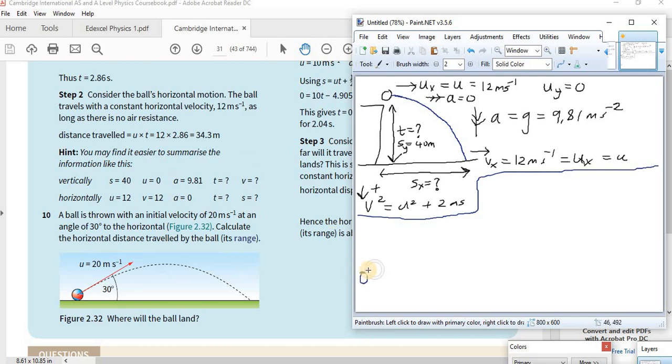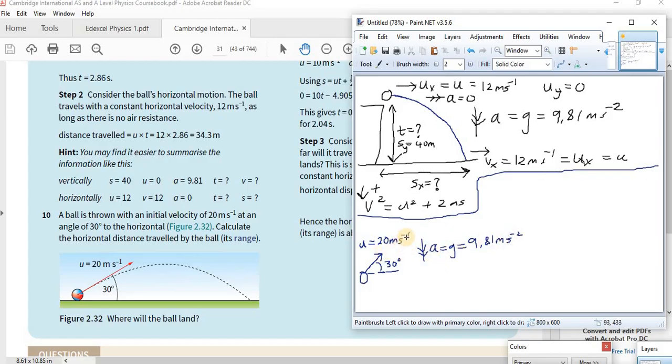So this is the ball, a very important question. It covers a lot of content. You will be able to do the questions much more easily when we cover this important question. So at an angle of 30 degrees, we can also label A equals G equals 9.81 meters per second square, vertically downwards.